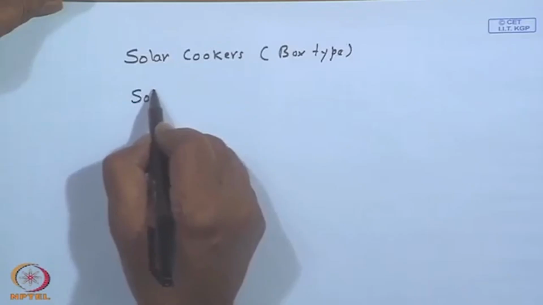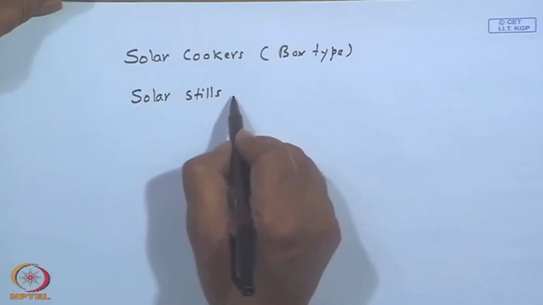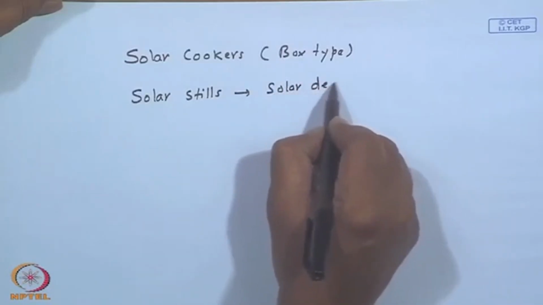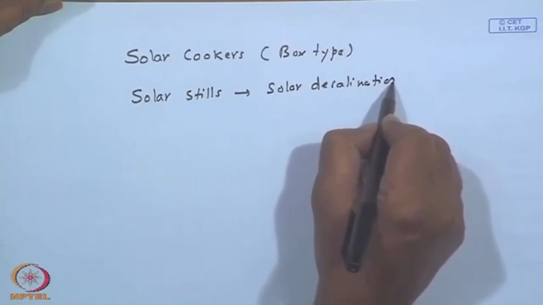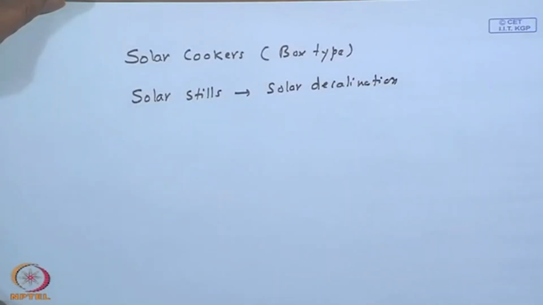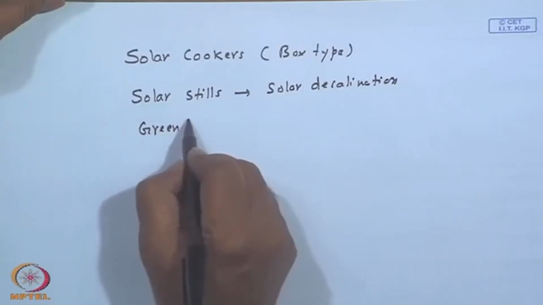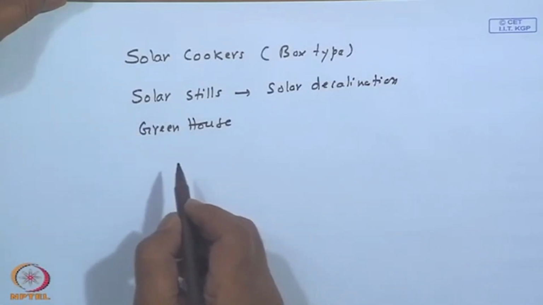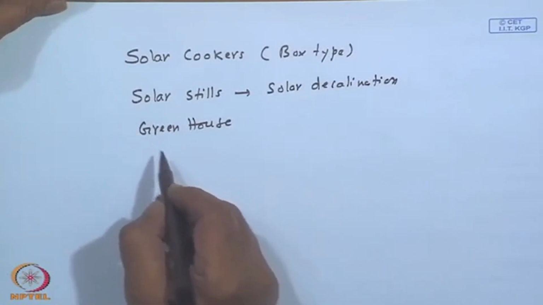Then solar stills. This is basically solar desalination. You may have n number of ways of doing it, including a reverse osmosis process. Greenhouse. This need not be used only in the derogatory sense that this is a greenhouse effect and the climate has become hotter.